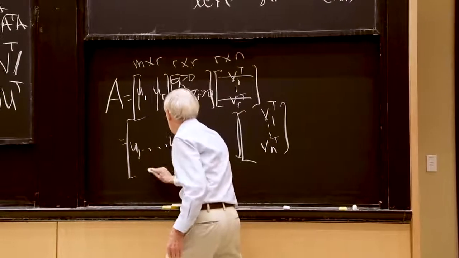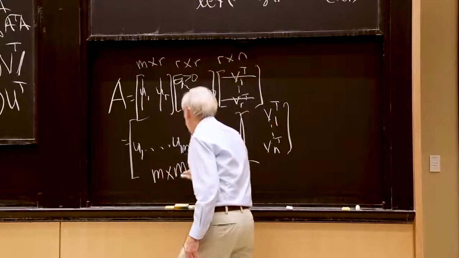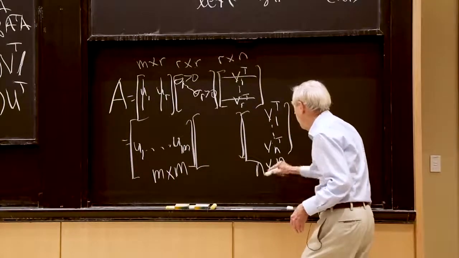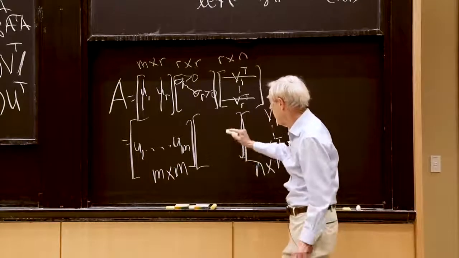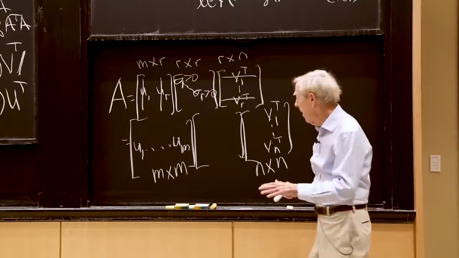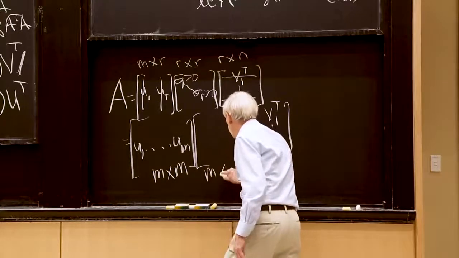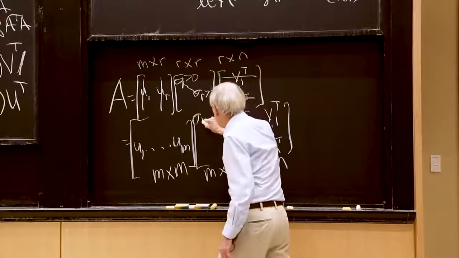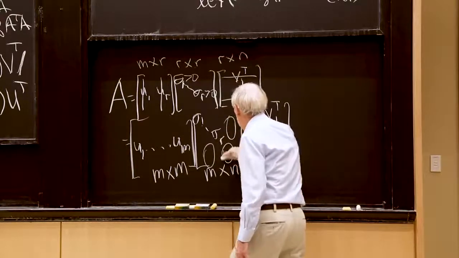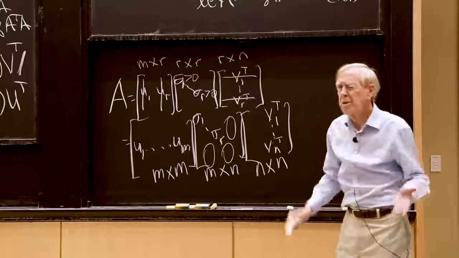This shape is M by M. It's a proper orthogonal matrix. This one also, N by N. So this guy, this is the sigma now, so it has to be what size? M by N, that's the remaining space. So it starts with the sigmas, and then it's all zeros, accounting for null space stuff.